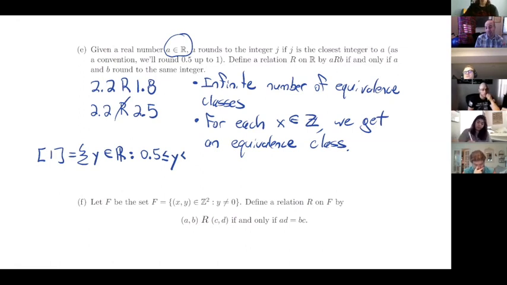I guess 1.5. Yeah, and we're going to exclude the 1.5 because that gets rounded up to 2. So we have an inclusive inequality on one side and an exclusive one on the other side.